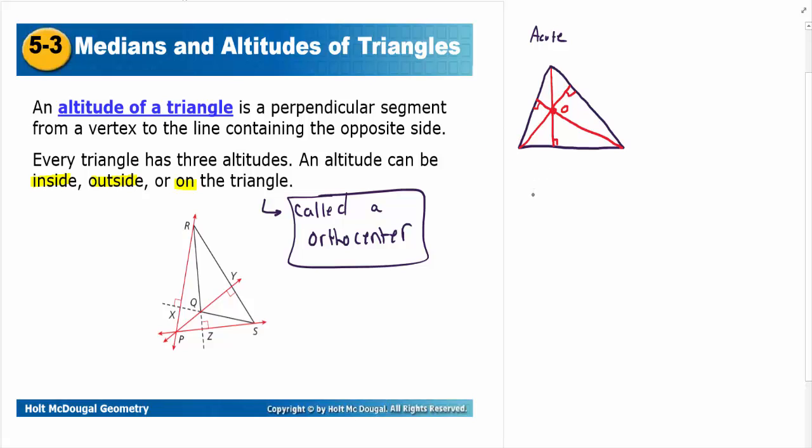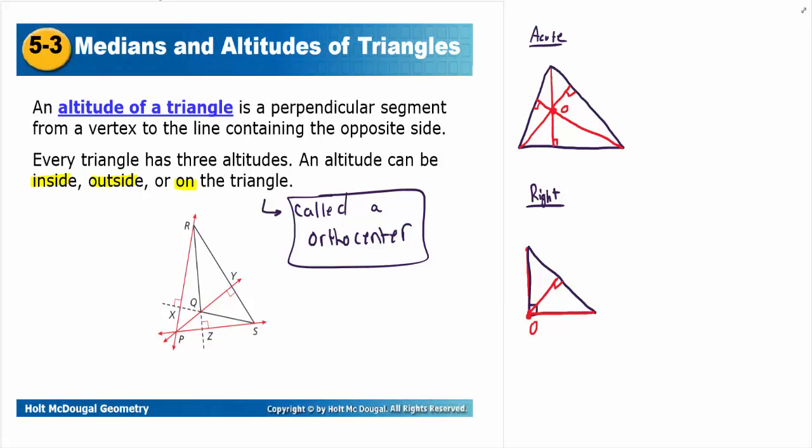If I went with a right triangle, this is going to be very similar to the concurrency point for my perpendicular bisectors. Whereas in an acute triangle the orthocenter is inside the triangle, here if we have a right triangle, that's an altitude, that's an altitude, and that's an altitude. They all meet at the right angle of the triangle, so that would be point O.